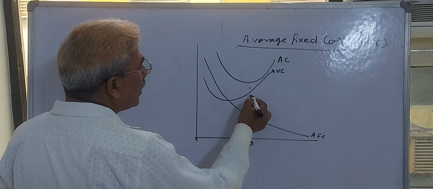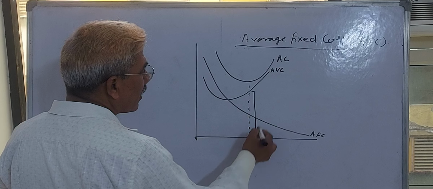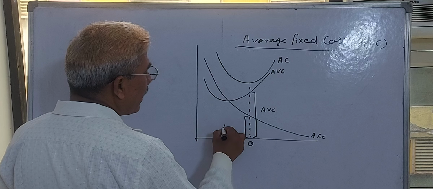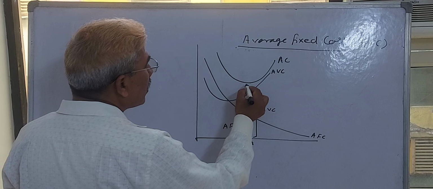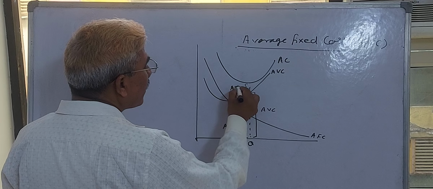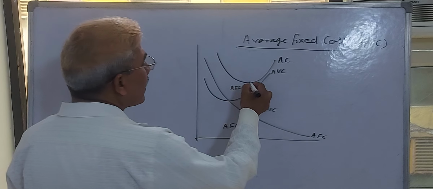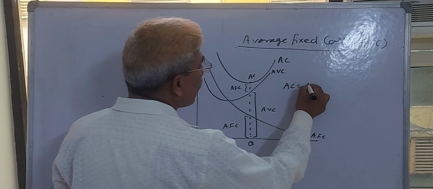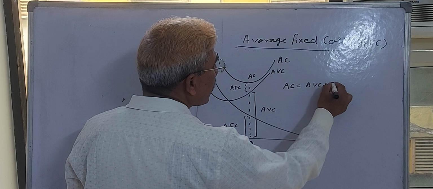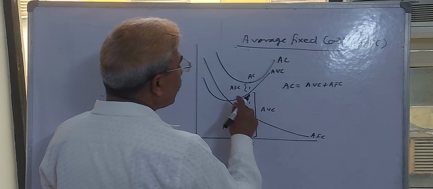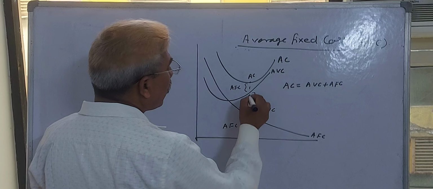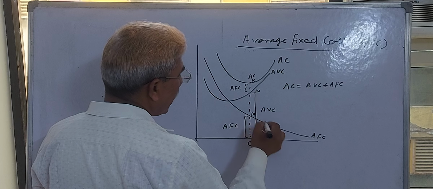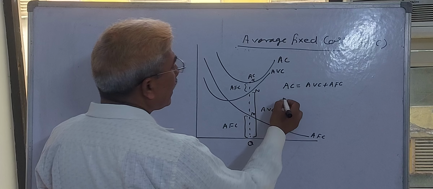What is this? This is in actual average variable cost. This is in actual average fixed cost. And you can say this is total average cost. Or you can write down average cost is always equal to average variable cost plus average fixed cost. Suppose I denote this one N, K, M. Now you can understand these equations very easily.